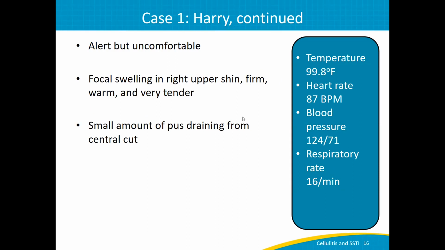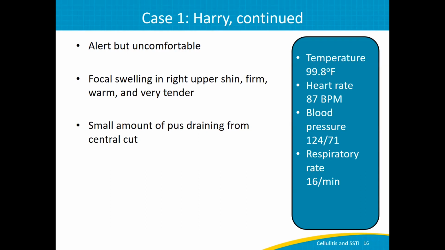And you see that his right shin is now much more red compared to the left. The redness extends kind of all the way down his leg, but there is also a focal area of swelling in his right upper shin, which is especially warm, hot, and very tender to the touch.